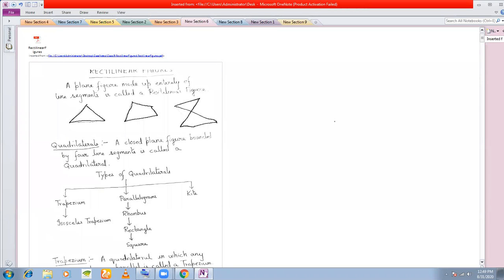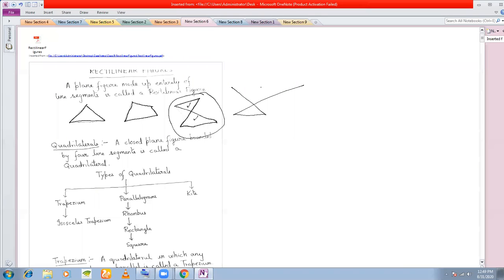Quadrilaterals are special kinds of rectilinear figures, which are closed. If you see this rectilinear figure, this one is not closed. In fact, there are two regions here, this and this. If I give you this kind of figure, it is also a rectilinear figure, but it is not bounded.